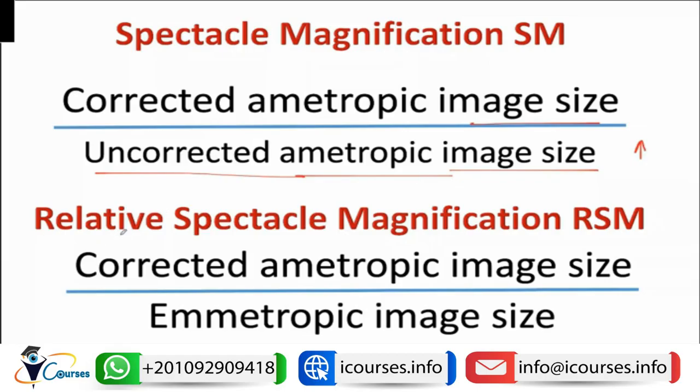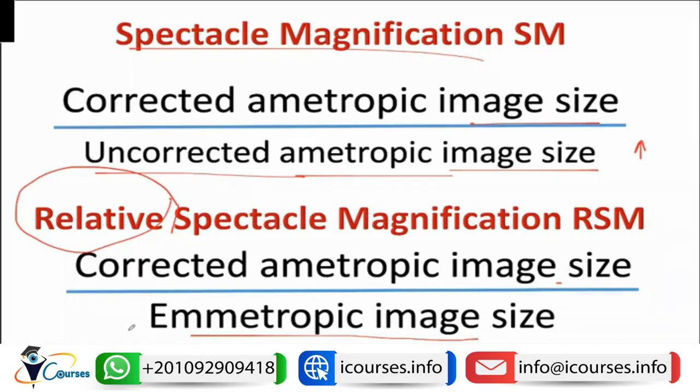But if we want to know the RSM, or relative spectacle magnification, then we divide the corrected ametropic image size by the emmetropic image size. So we are not comparing the same patient with and without a spectacle, which would be the absolute spectacle magnification, but we compare the patient with a spectacle to a normal individual.